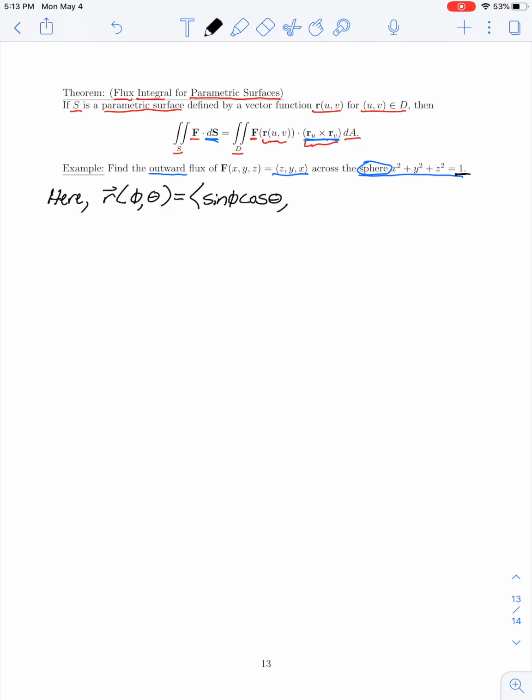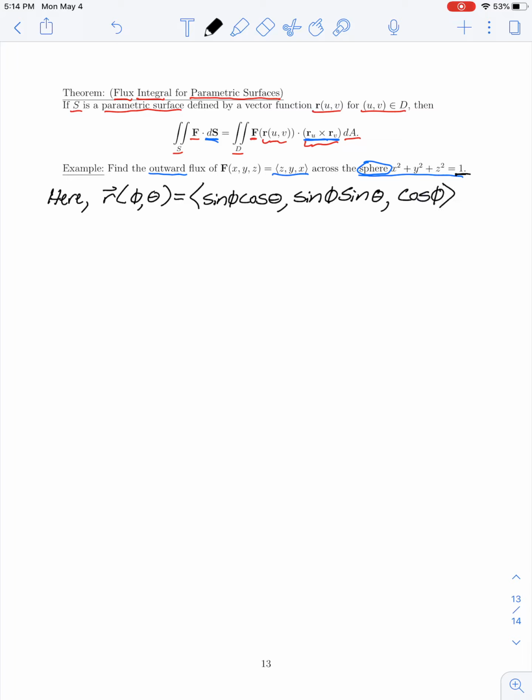Our y-coordinate is given by rho, which again is 1, times sine phi, sine theta. And our z-coordinate is given by rho, which again is 1, times cosine phi.